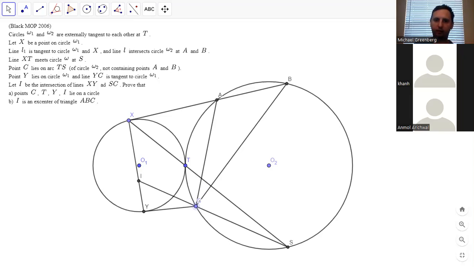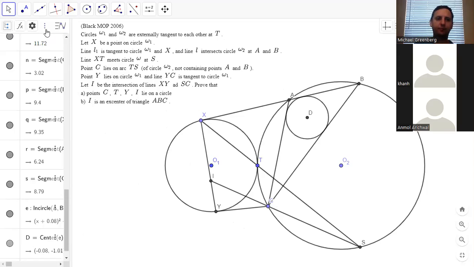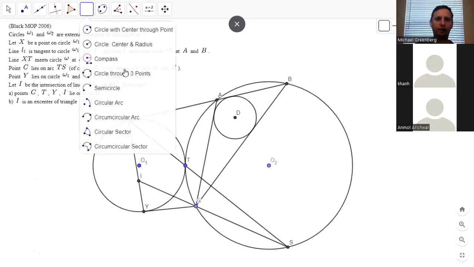Let's draw the incenter of ABC. That'd be D. So we kind of want to show ADIC is cyclic.